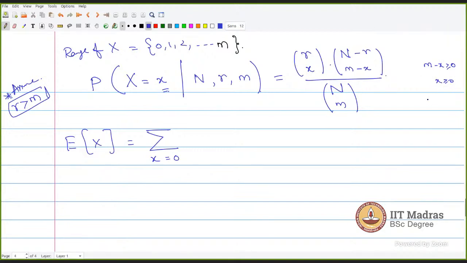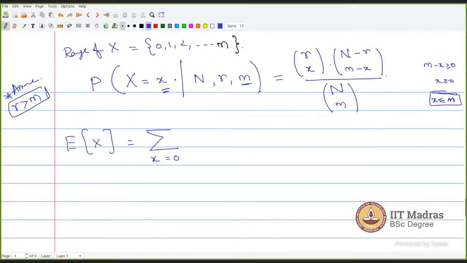From this, you can get x is less than or equal to M. Why is this? Because we are choosing M people out of N people. And what is this X? X is the number of people that belong to type 1. So you are choosing only M people. Can your X take values greater than M?